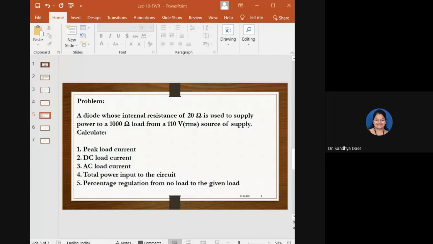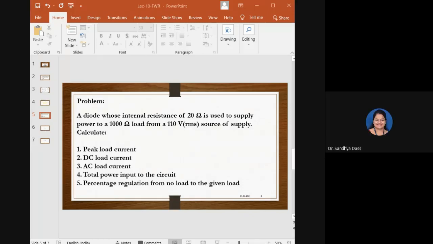Last 1 minute, yeah, complete fast. Ma'am, is the percentage like 2%?